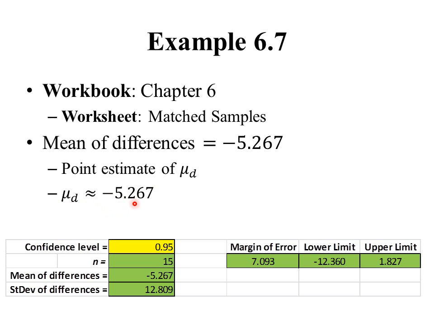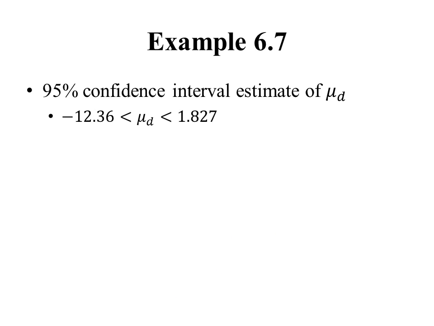So that tells us that mu sub d is somewhere around negative 5.267. And so that gives us an estimate of mu sub d. But again, we want to ask the question, just how accurate is this estimate? And our confidence interval and margin of error give us an answer to that question of just how accurate it is. Okay.